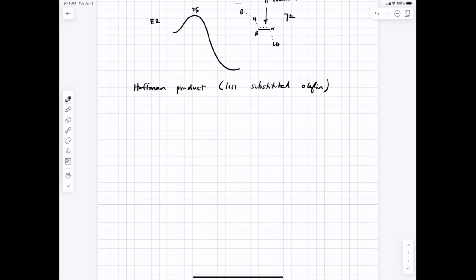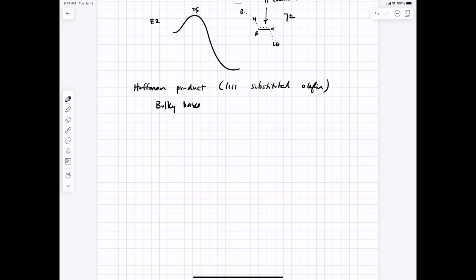So when are some times that we see the Hofmann product? If you use a bulky enough base, you can start to see evidence for removing the proton that gives you the less substituted olefin because of steric issues.